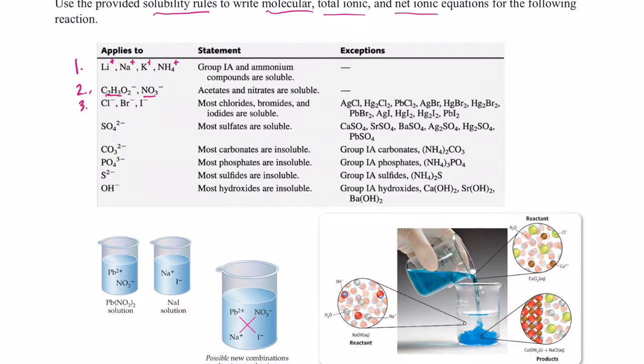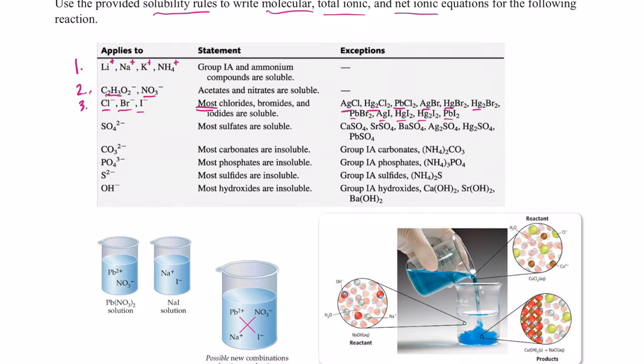Rule number 3. Most chlorides, bromides, and iodides are soluble in water. Now, there are 3 big exceptions to that: silver, mercury, and lead. So if I have silver, mercury, or lead chloride, silver, mercury, or lead bromide, silver, mercury, or lead iodide, those compounds will not be soluble in water. But all other chlorides, bromides, and iodides will be.